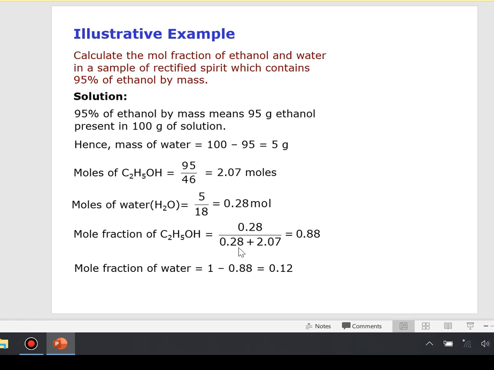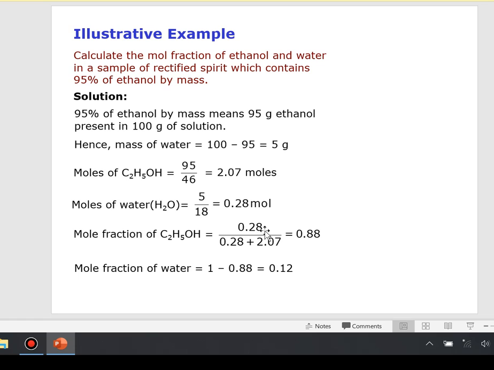You can also calculate it for the water: mole fraction of water is 0.28. Mole fraction of the ethanol, for the ethanol you should place here 2.07 in place of 0.27.